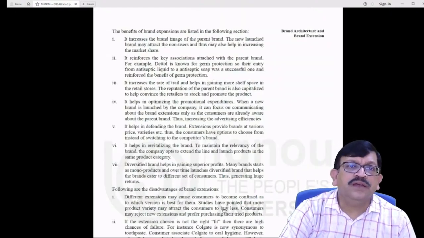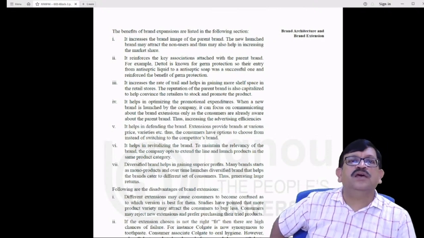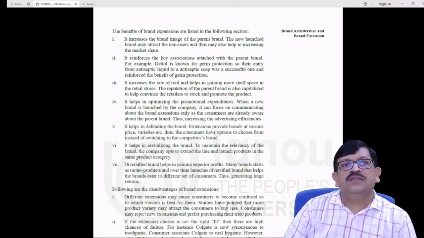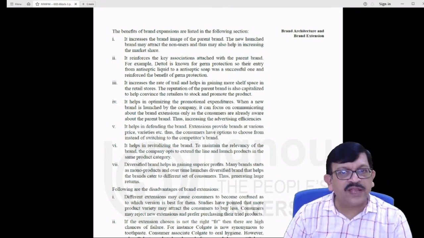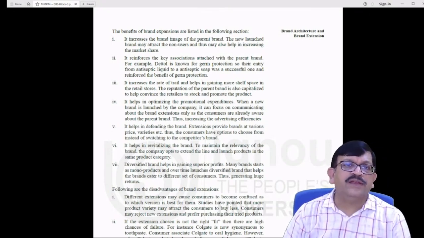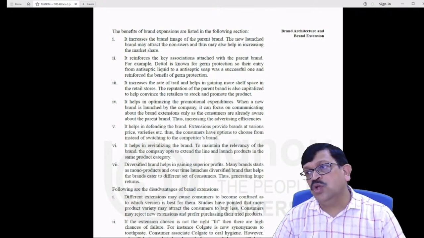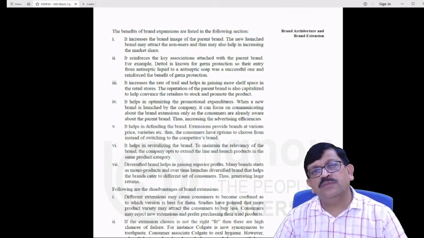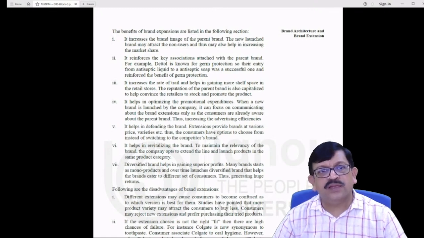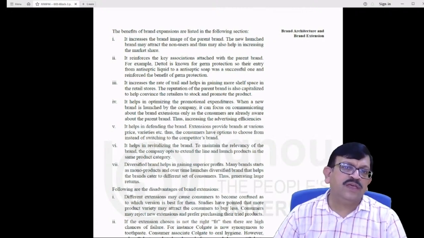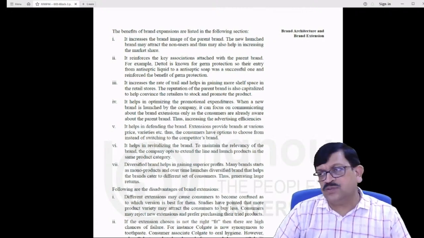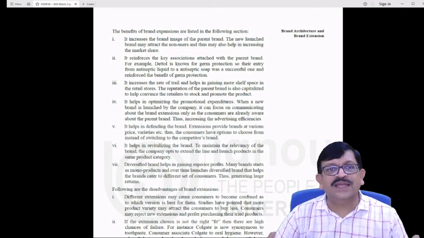As you can see here, we list out the benefits. The brand image of the parent brand definitely gets reinforced, and it attracts many non-users to become users, and it helps in increasing market share. If you look into the associations, definitely the key association also gets enhanced.